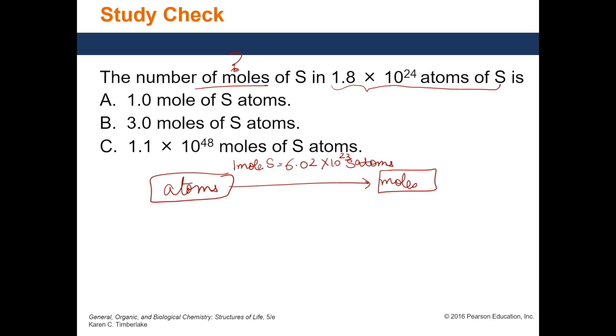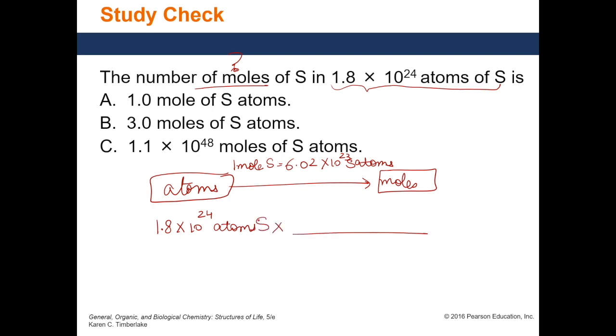How many atoms are given to us in the question? Always write what's given to you first, which is 1.8 times 10 raised to power 23 atoms of sulfur.